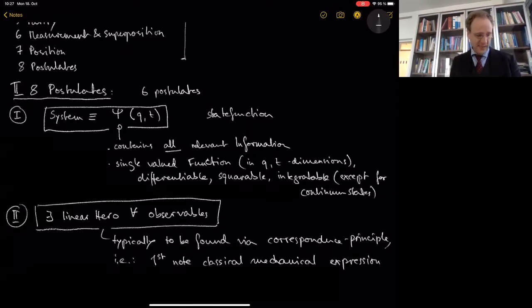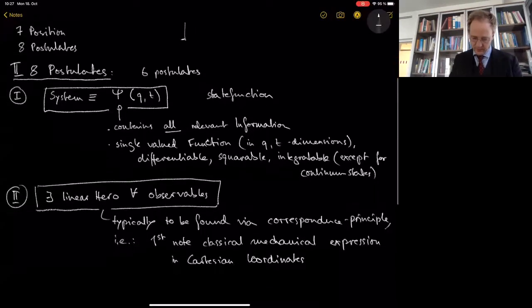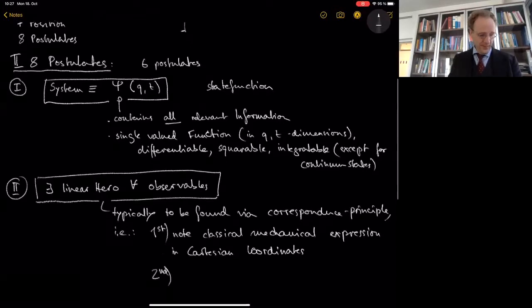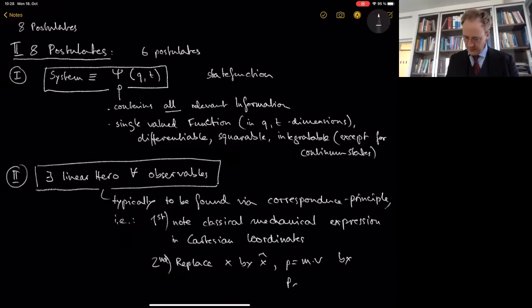So you first note the classical mechanical expression in Cartesian coordinates, and then you replace x by x hat and your momentum by the derivative with respect to x. Okay.